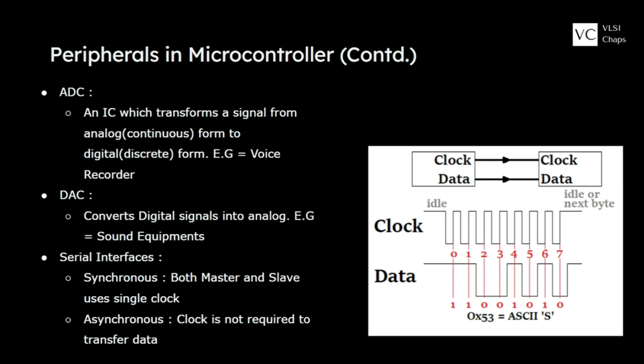So once the frame is transmitted, the same frame will be received at the receiver end because both transmitter and receiver are sharing the same clock frequency. The rate at which the transmitter is transmitting, the same rate the receiver is receiving. So there won't be any data loss.